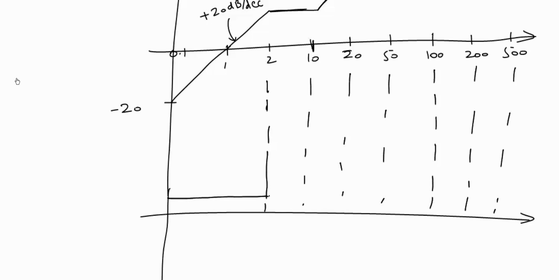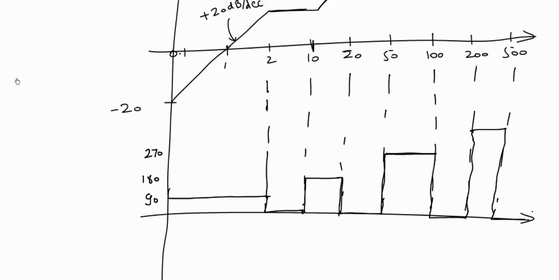So it will start with 90, then it will become 0, then at 10 we have plus 180, again it will become 0, again we have plus 3 plus, so it's 90, 180, 270, and it will keep on increasing. So we have 360 and again 0. So this is my phase versus frequency.